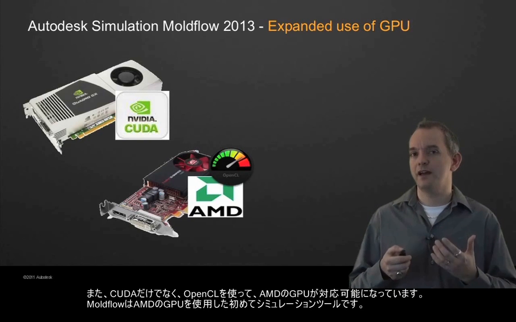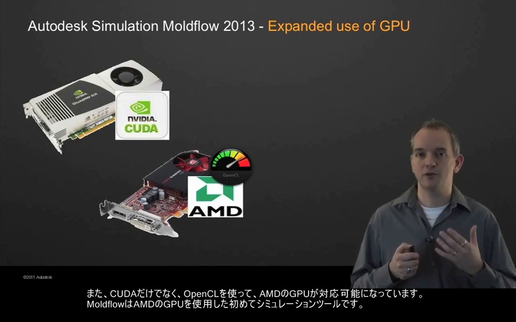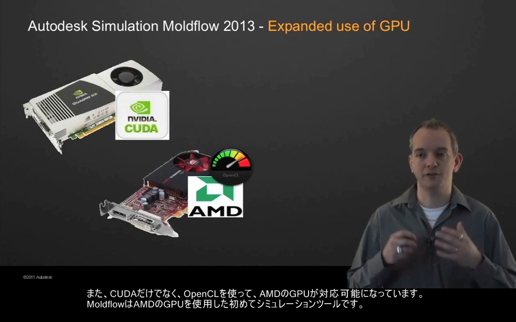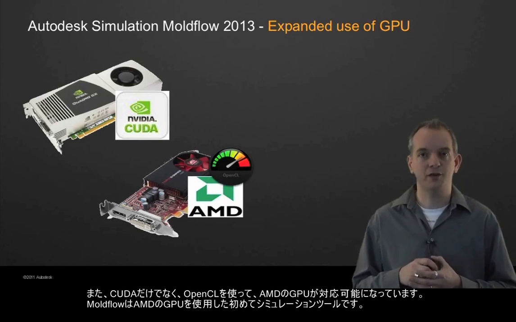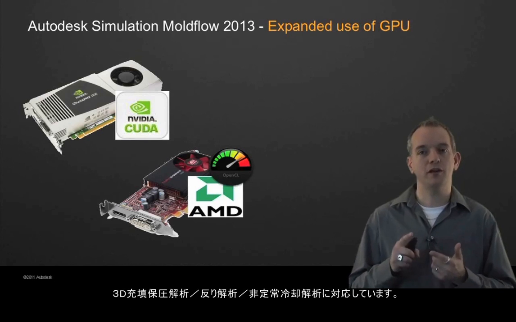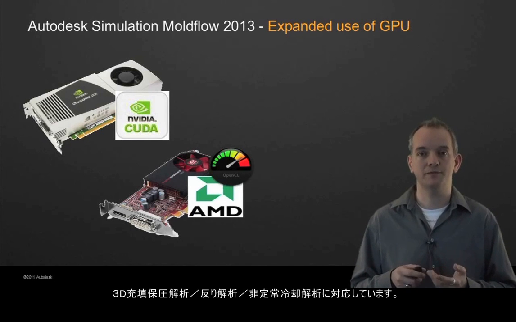Not only have we added extra support for CUDA, but also for AMD OpenCL. So for the first time, we're allowing a user to use GPU technology that's available on AMD graphics cards. This is available for 3D flow and warp solvers, as well as the transient cool solver.